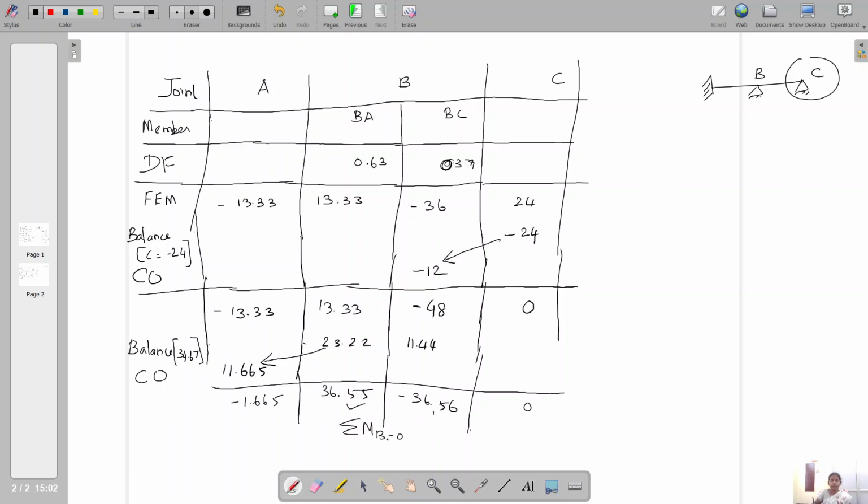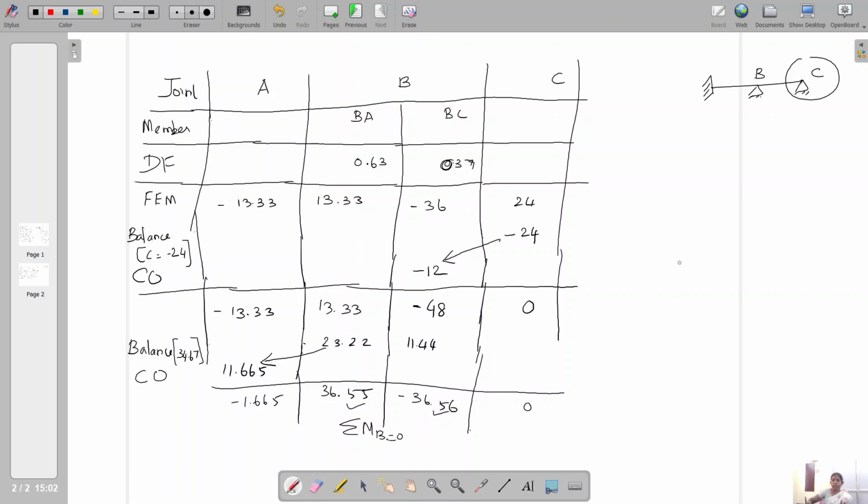We get this value. We can eliminate very small deviation from these values. 0.001 deviation we can ignore.